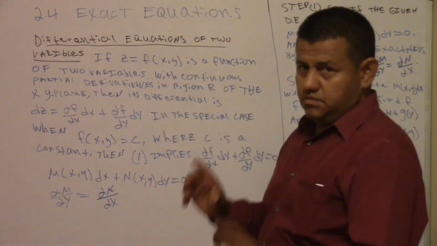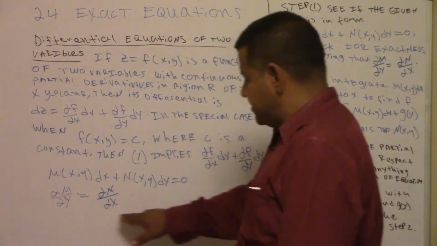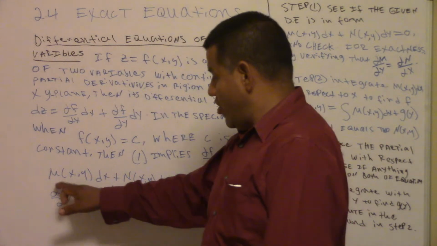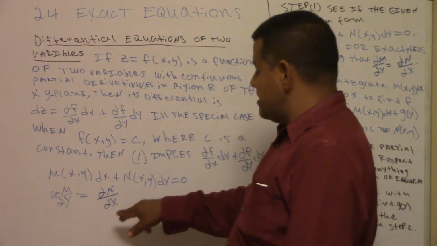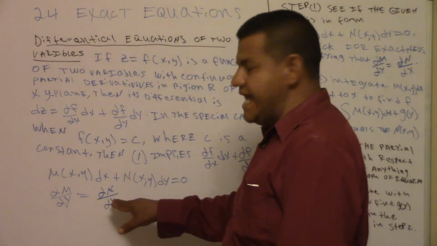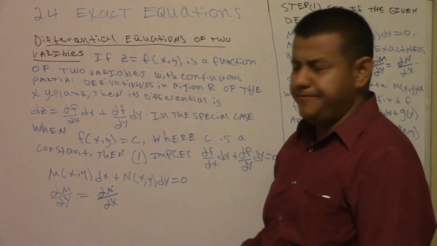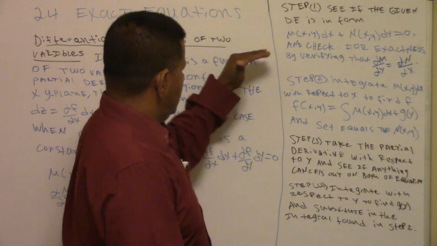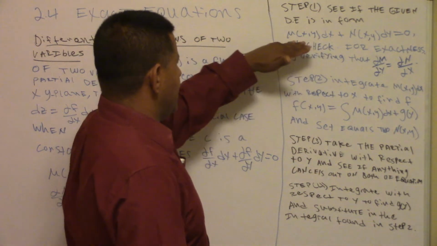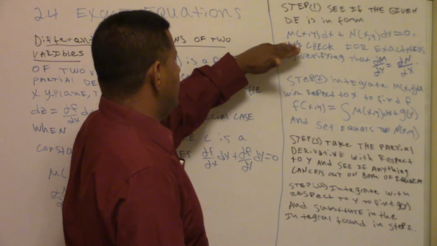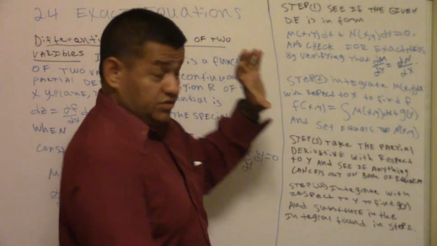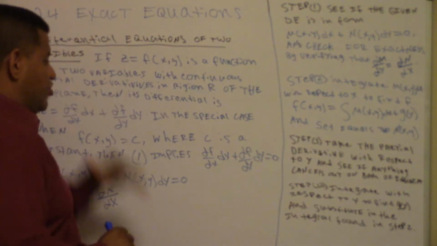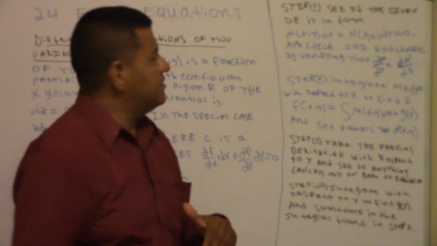And this right here is another important tool that we're going to use: partial M over partial y equals partial N over partial x, okay? Now, in this case right here, I have M. This was only a short introduction to this topic, okay?